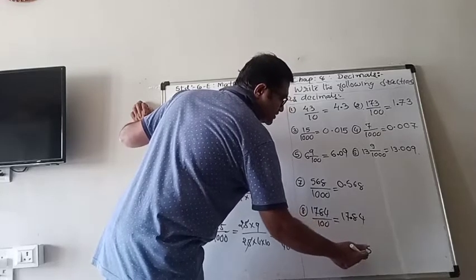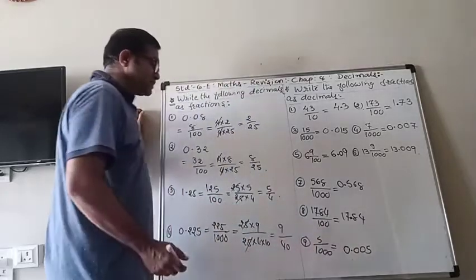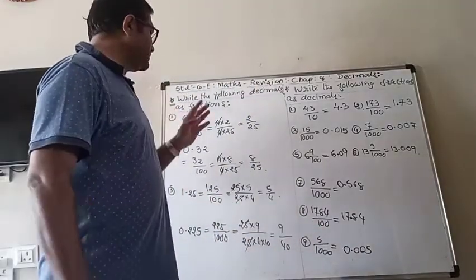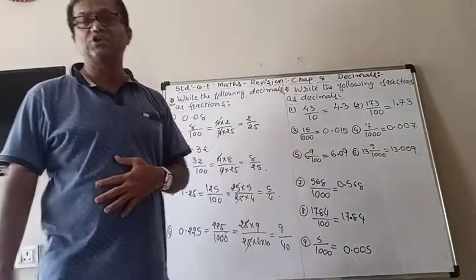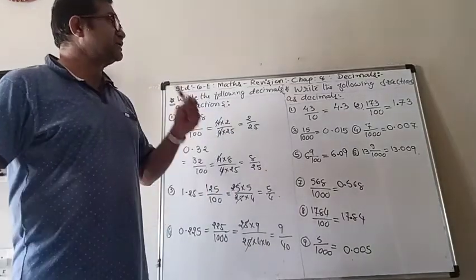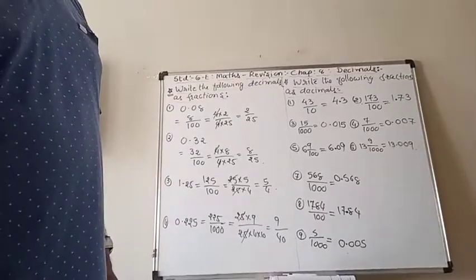So 1, 2 and 3 decimals are there. And so you write down as 0.005. So when there is 10, 100 or 1000 in the denominator, it is very simple to convert them as decimal numbers.